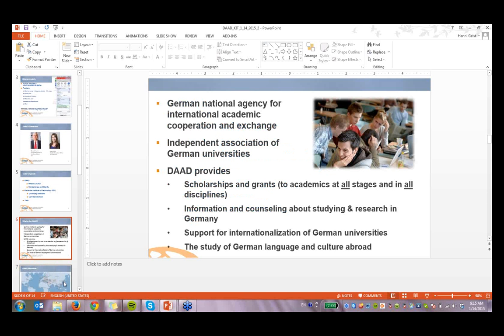So who is DAD? DAD is, simply put, the higher education arm of the German government. We're an independent association of German universities, so if you have general questions about the German university system, how to apply, maybe how you can transfer, and what's necessary for you as an international student, do feel free to contact me in the San Francisco office or my colleagues in the DAD New York office.